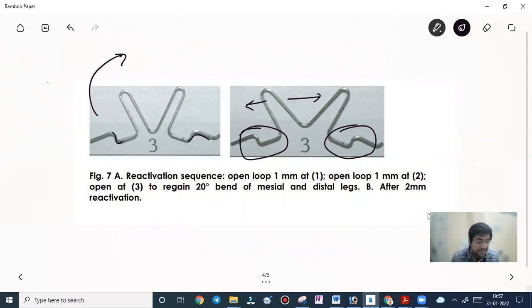If the appliance is reactivated in the proper sequence, the reactivation will maintain the original mechanics. In most cases, the reactivation will produce as much as 4 mm of distal molar movement.